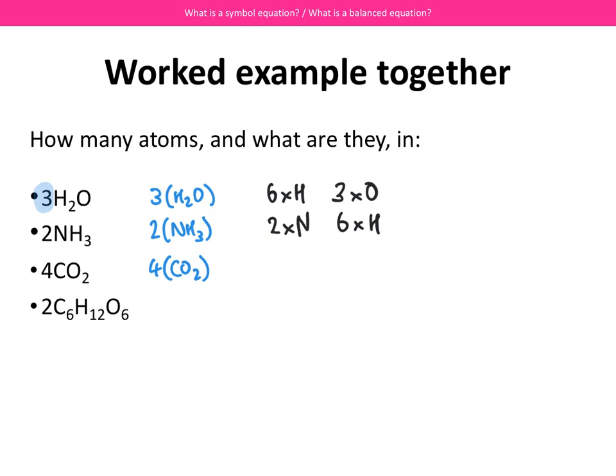So you can probably pause the video and try and finish the rest of these, but I'll just carry on. So we've got 4 carbons, and we have got 2 times 4 oxygens, so that is 8 oxygens. And then when we look at C6H12O6, so it's 2, and then the formula.